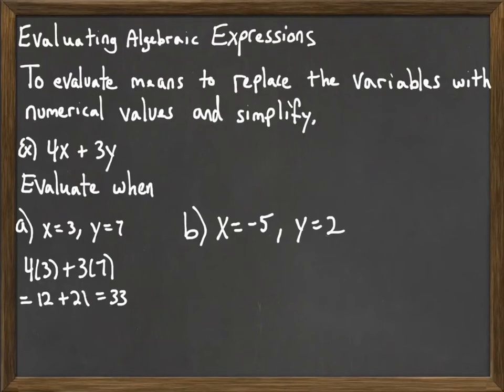Again, I'm going to write it down in grouping symbols. And the reason is, again, if I don't use the grouping symbols, I may initially think of it as multiplication, but maybe I'll forget, and maybe I'll think it's minus 5 instead of 4 times negative 5. So really a good idea here to keep my grouping symbols.